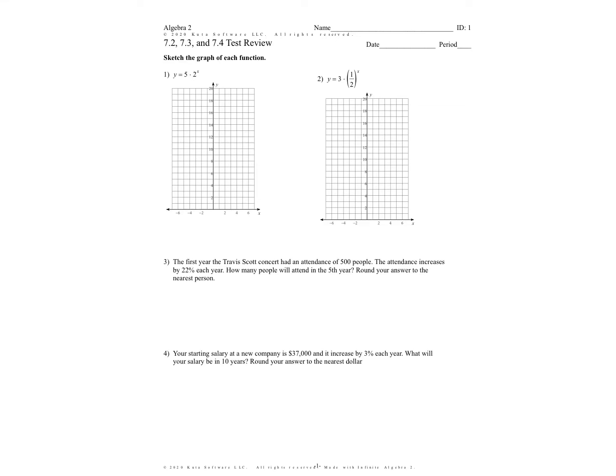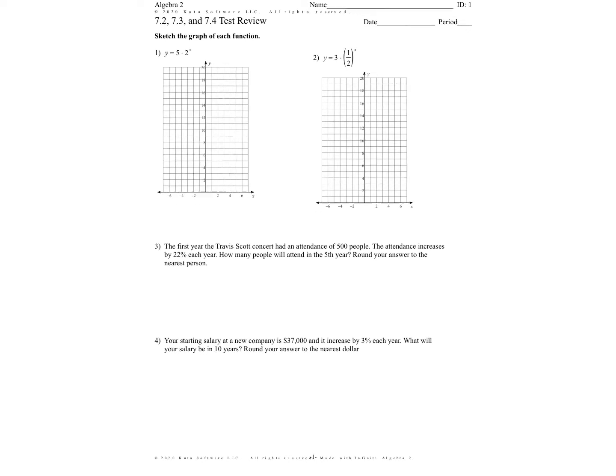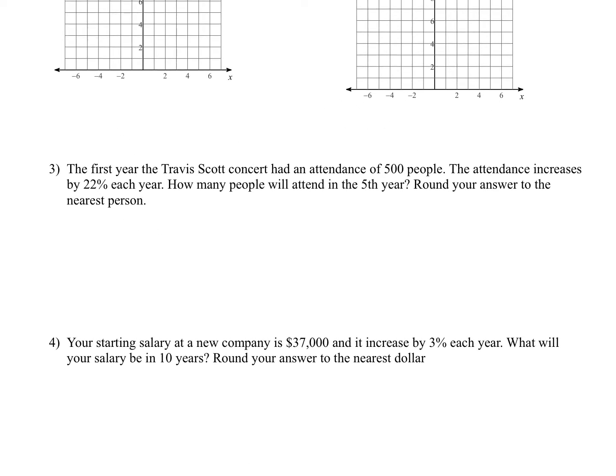All right, so there's going to be one topic that overlaps from the last quiz that we took and this test, and that is our word problems. So remember, for our word problems, we use that formula.